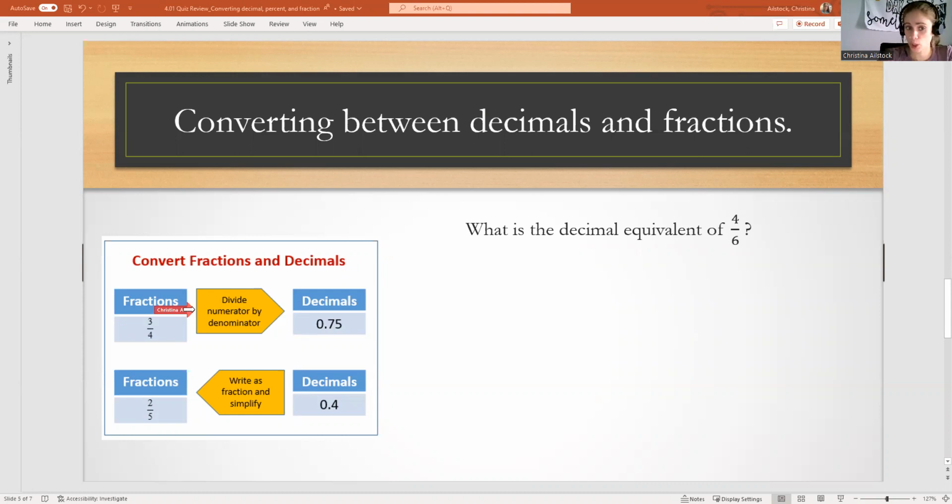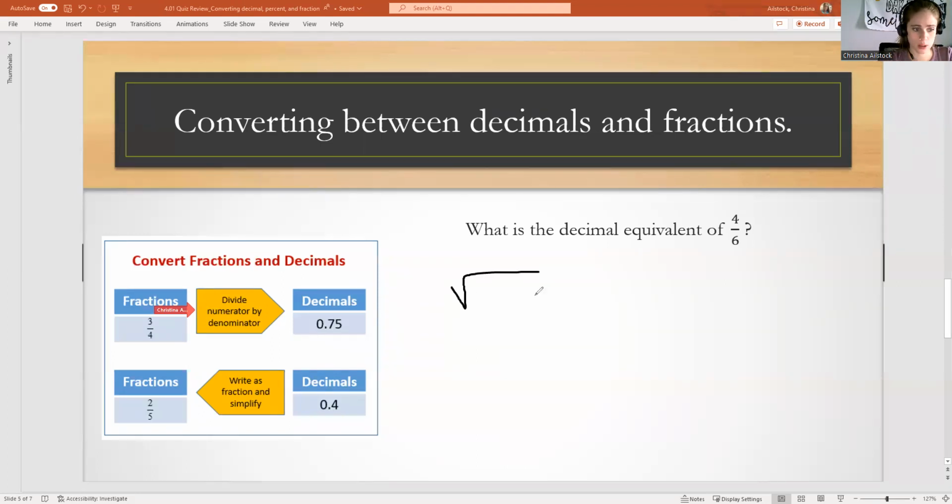And the most important part is that you set up your division properly. We are dividing the numerator by the denominator, and it will always be that way when you have a fraction. Because in our example here, we have 4/6. Another way to say that is 4 divided by 6. So it has to be set up correctly.